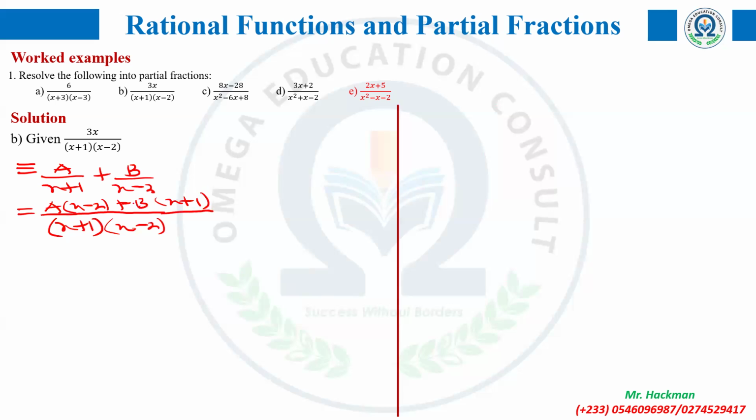All right. So now what do we do? Now that the denominators are the same, you equate the numerators. So this implies that my numerator, 3x, should be equal to the numerator here, a into (x minus 2) plus b into (x plus 1).